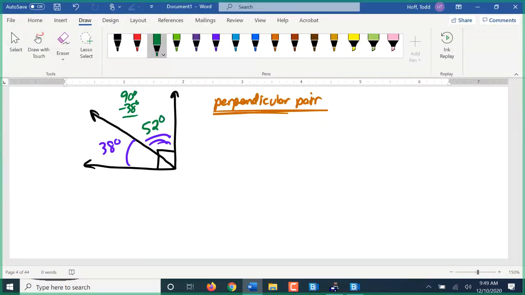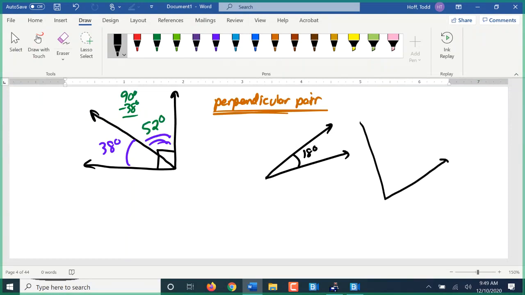Well, they're only a perpendicular pair if they're adjacent like this. But any two angles, if this one is 18 degrees and this one is 72 degrees, those two angles still add up to 90 degrees.